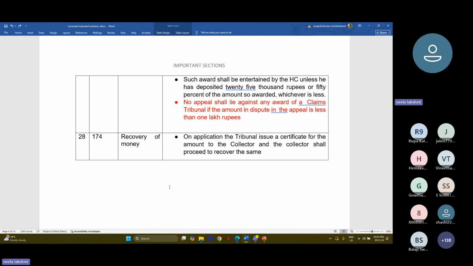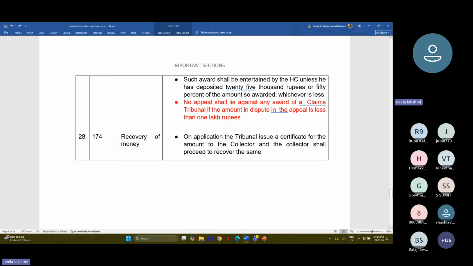We have to produce the details of the property of the insured against whom we are making that execution petition. That will not be available to us even if we try through our investigators. So it is a better, simpler procedure to file an application for revenue recovery. It is revenue recovery, which is initiated through the district collector. Okay.